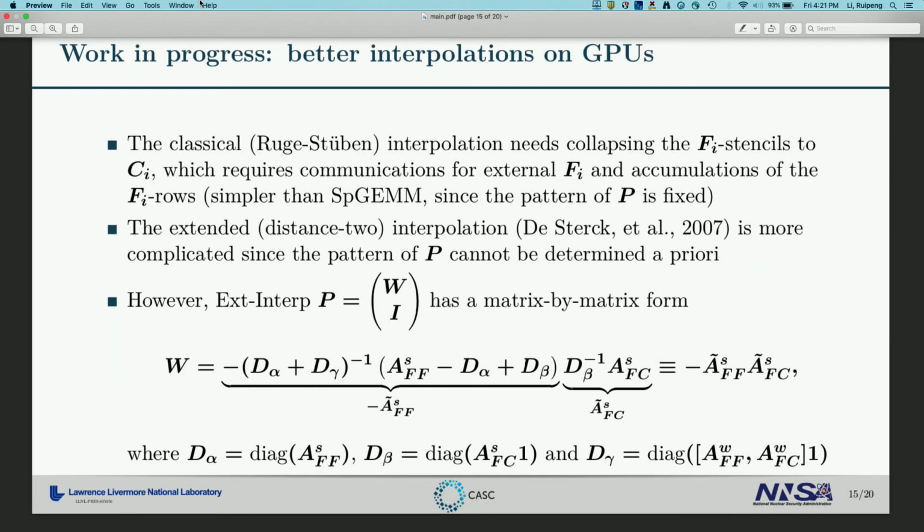Also, there is some work in progress on building better interpolation on GPUs. For example, the classical collapsing-the-stencil idea requires communication, but it's doable. It also requires accumulating sparse rows, but it should be simpler than matrix product because the pattern of P is known. One of the best interpolations in Hypre is the extended one.